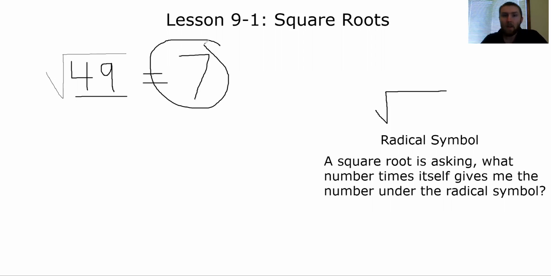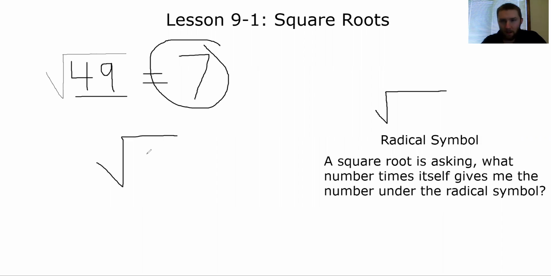All right, now, when you are working on the IXL topic that I've assigned for tomorrow, you will probably see some numbers bigger than 100, okay? So if you see a number bigger than 100 and they ask you to find the square root of it, find on your calculator a button that looks like that radical symbol.